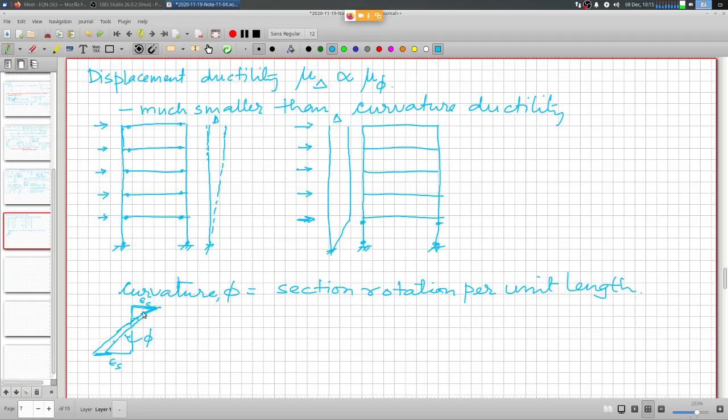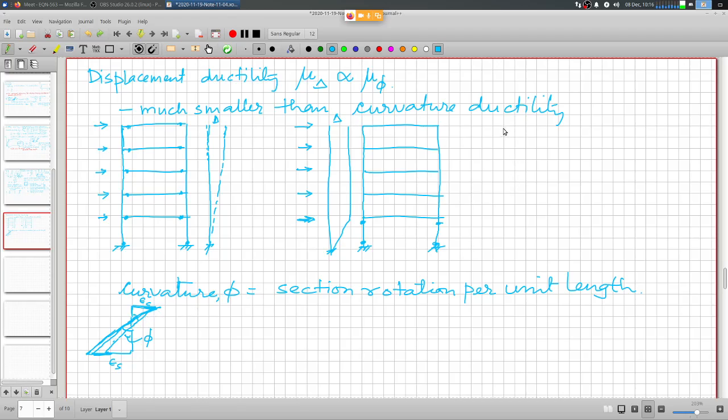The strain in the concrete is also going to increase, but not so much as the strain in the steel. So the neutral axis depth will shift upwards, and curvature will keep on increasing.